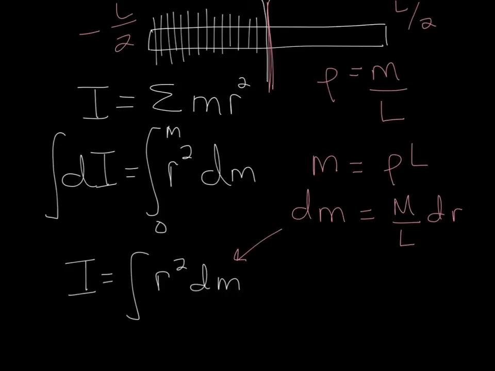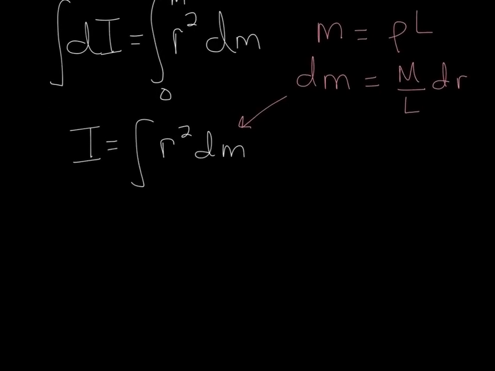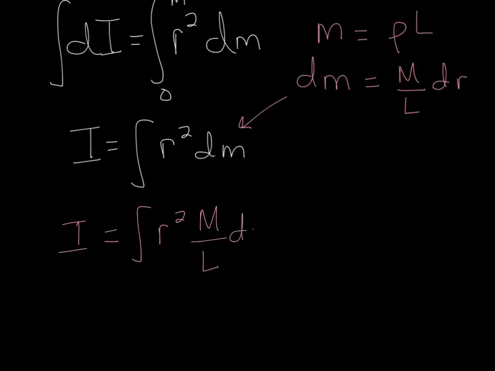Let's move this up so we have a little more room here. Okay, we're going to put this into the function, and say that I is equal to the integral of r squared m over L dr, integrated from negative L over 2 to L over 2.